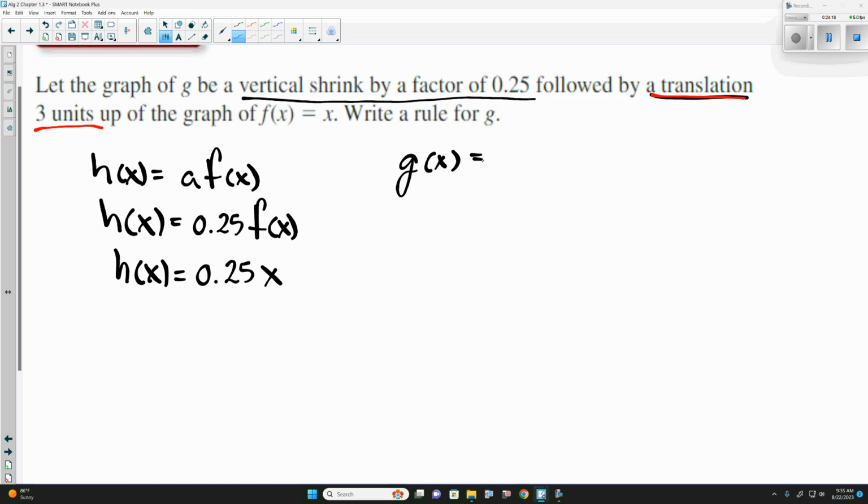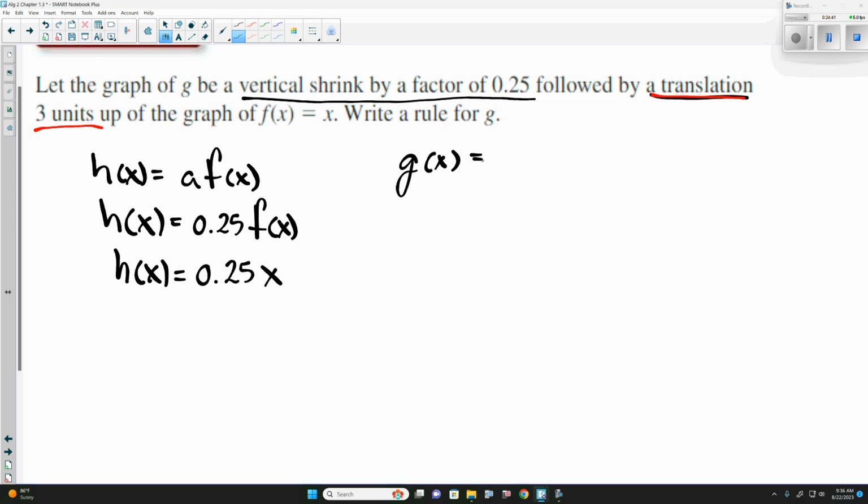I'm mainly looking at the function itself, because f of x, g of x, all of these are just ways to name the function. Using f as the original function is just standard form.